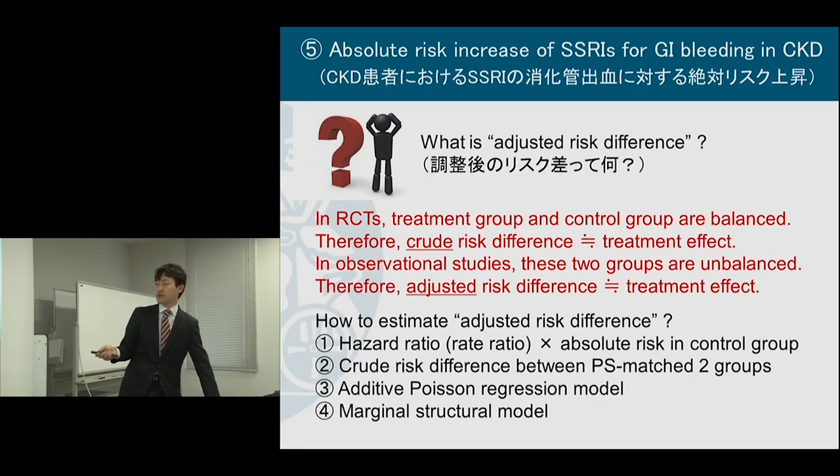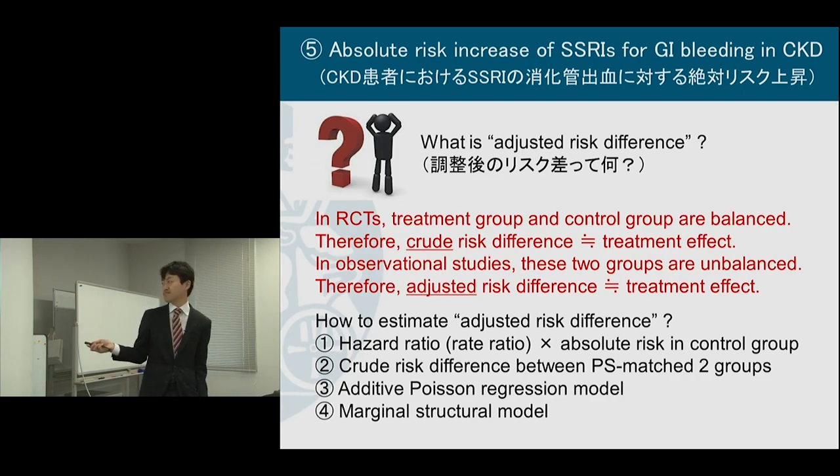And the second option may be the crude risk difference between two propensity score matched groups. Because propensity score matched groups are equally balanced, if you just take the difference, this is a kind of adjustment by propensity score.